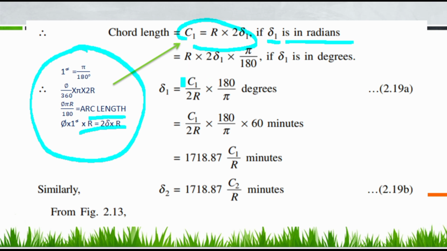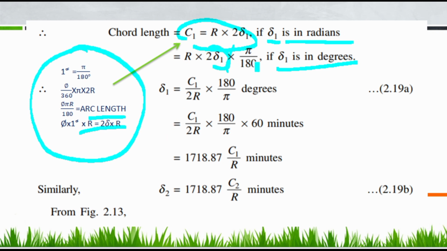So this formula becomes R multiplied by 2 times the deflection angle, which is in radians. That means we have to multiply by pi over 180, and so we have converted it back to degrees. Remember that.